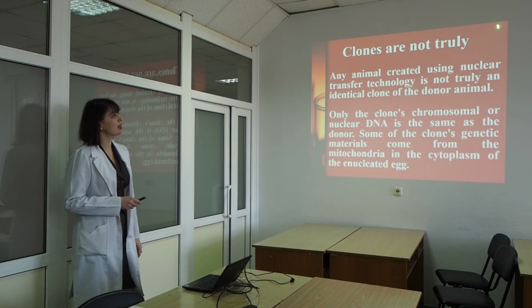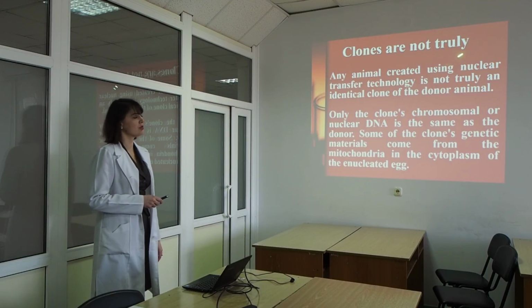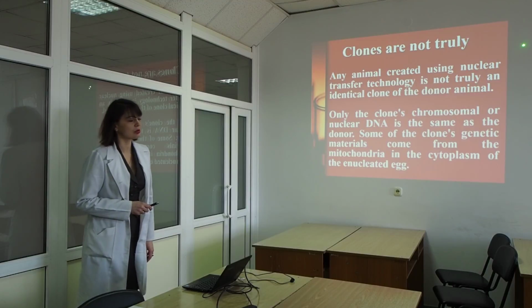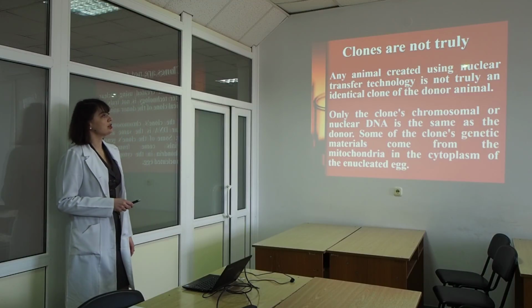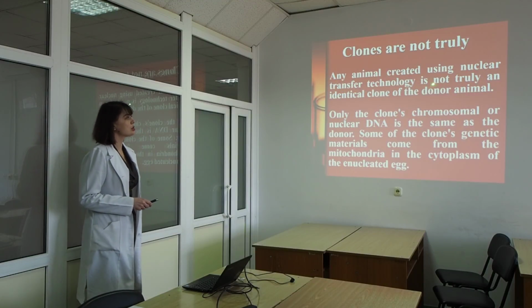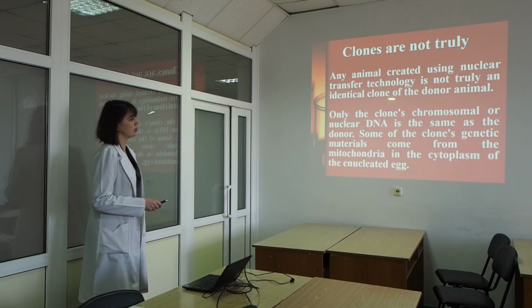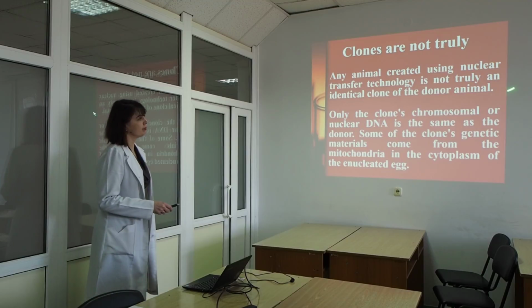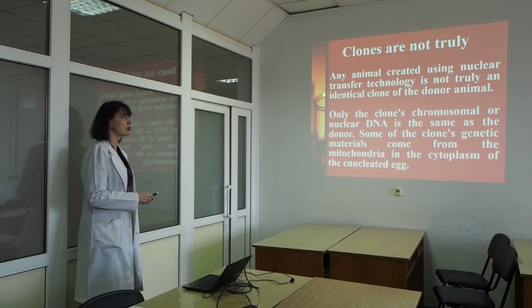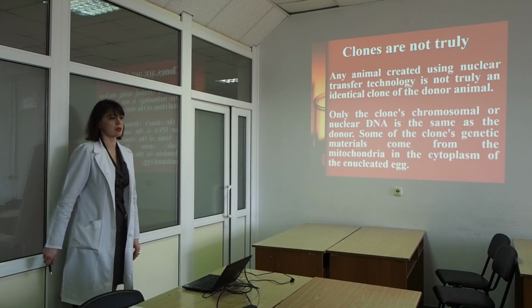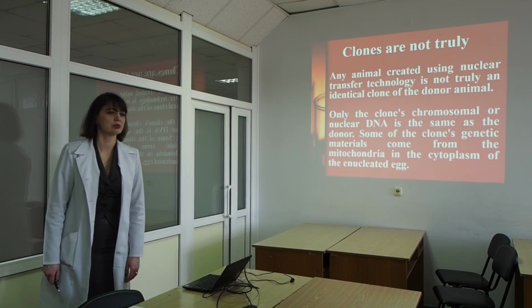All of us must realize what I have just told you, that clones are not truly identical. Any animal created using nuclear transfer technology is not truly an identical clone of the donor animal. Please write it down. Because this is important, and you should understand and explain to me on the practical side why it is like this.